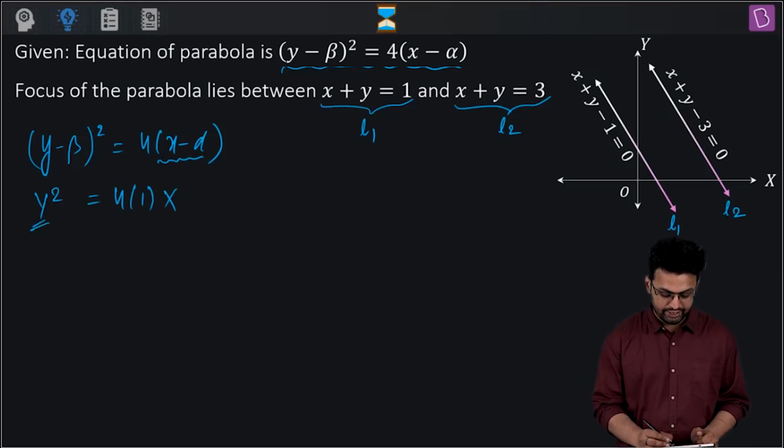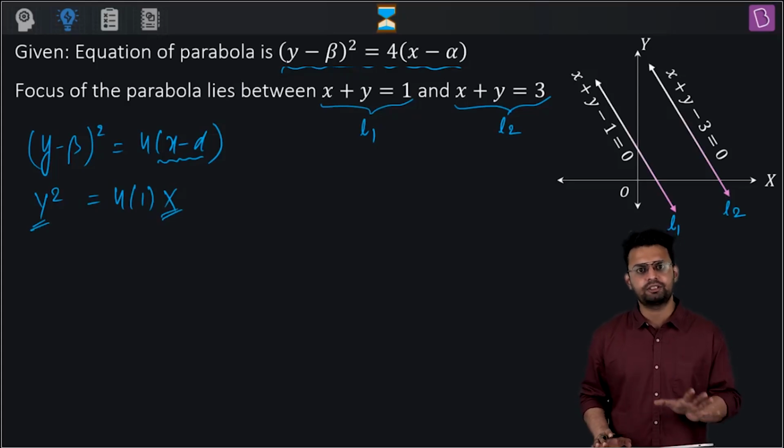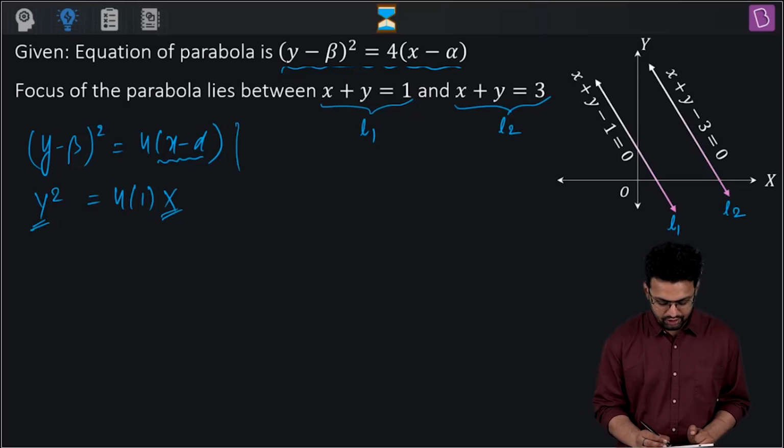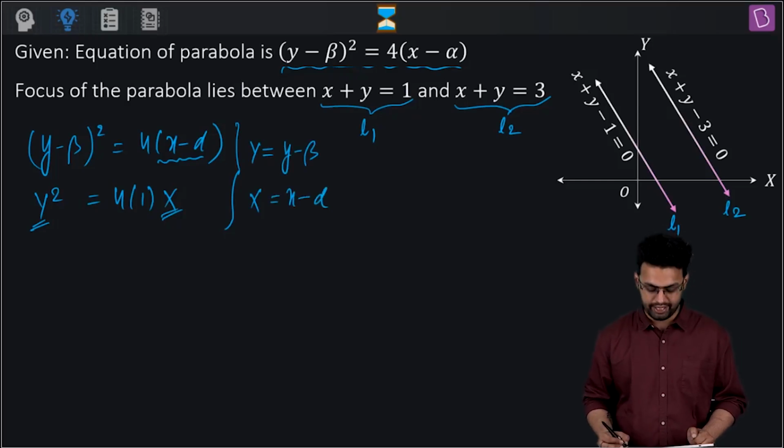What are capital Y and capital X? These are the general variable coordinates with respect to the new origin, correct? Now if we compare both of these equations, one thing which is very clear is we have capital Y as y minus beta, and capital X as x minus alpha, correct?